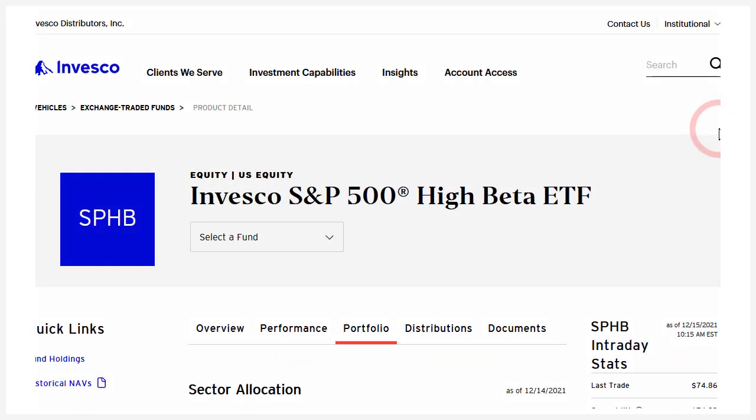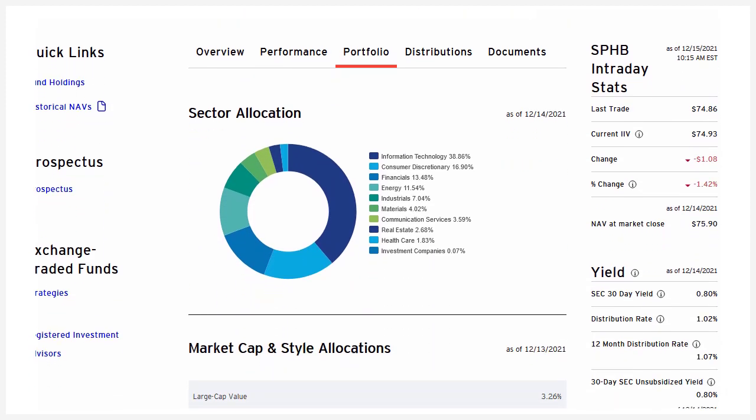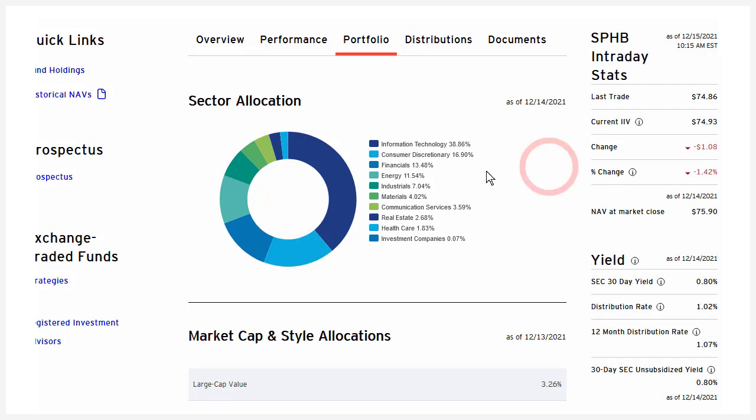So before looking at this next ratio chart, I want to show you the reason I'm using these 2 ETFs. I'm using the S&P 500 High Beta ETF because it represents the appetite for risk in the stock market, the S&P 500. And you can see the biggest sector is information technology, 39%, consumer discretionary, 17%, financials, 13.5%, energy, 11.5%.